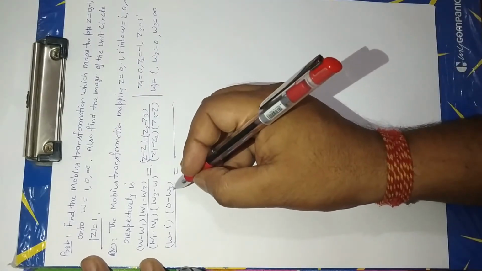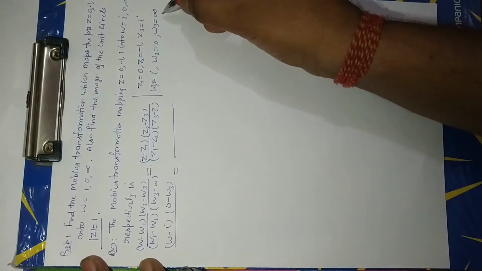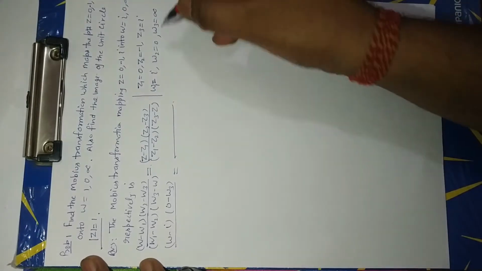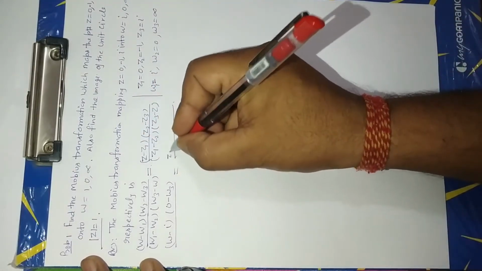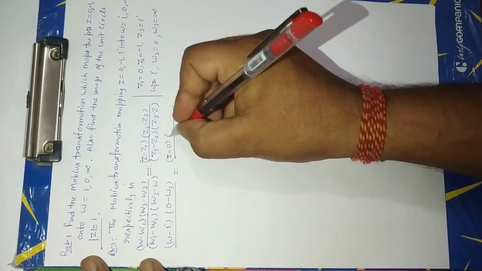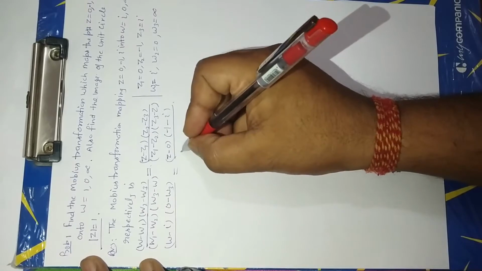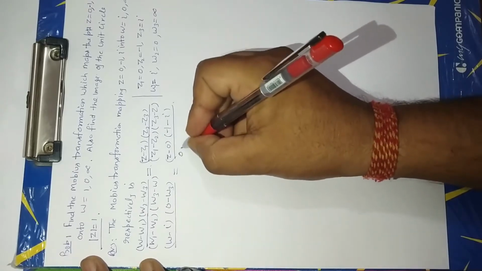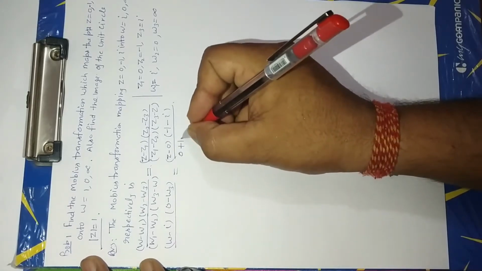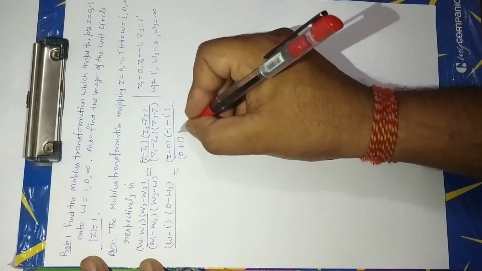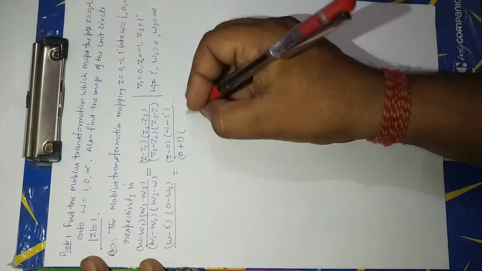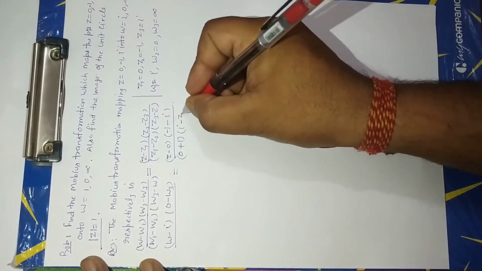After solving, we put the value of w3 equal to infinity. Now z minus z1 0, z2 minus 1, z3 i, z1 0 minus z2 plus 1, z3 i minus z.